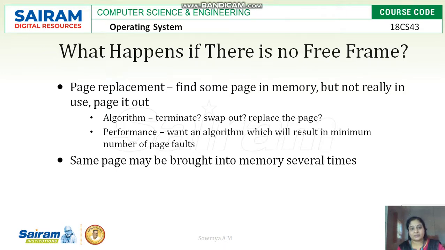So the algorithm will decide whether the page can be terminated, swapped out or replaced. The existing page is copied back and the frame made free for the copy on write method. This needs an algorithm which will result in the minimum number of page faults.